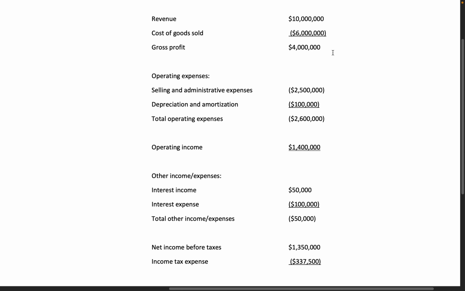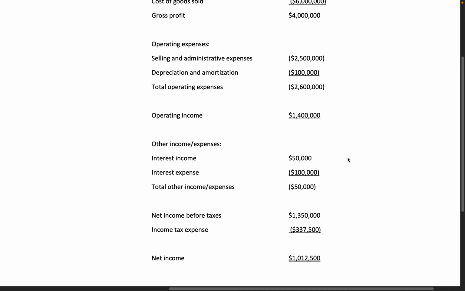But our interest expense on the debt that we have is 100,000. Therefore, our total income and expenses equals minus 50,000, and that gives us a net income before tax of 1.35 million. Okay, if we work out a tax figure, our tax was given to us as 337,500.